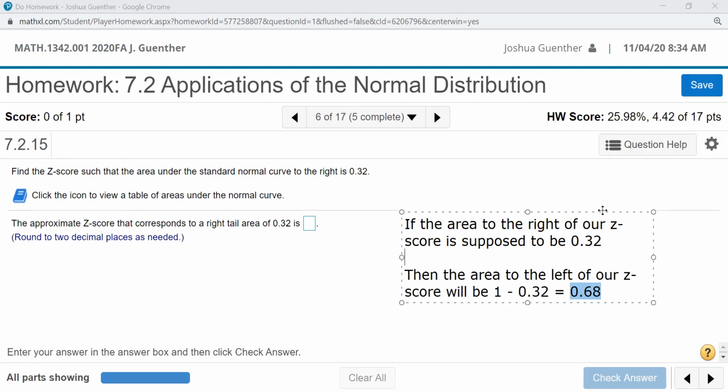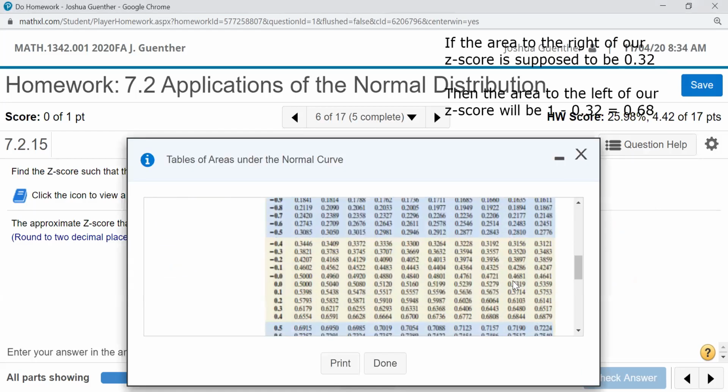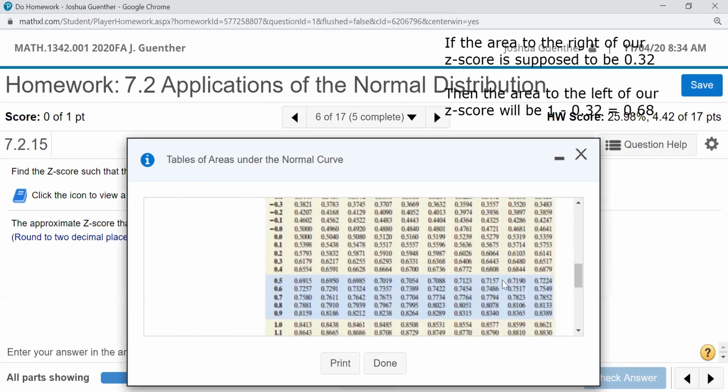So we're going to look up 0.68 in the chart instead, or just get as close as we can to it. It's not going to be perfect, but it looks like right about here is it. This is a little further from 0.68, and this is further still.